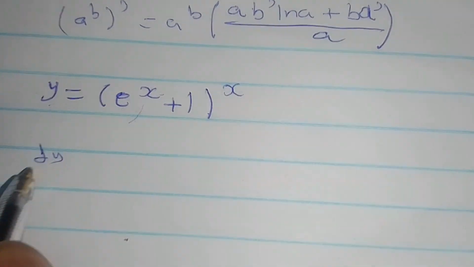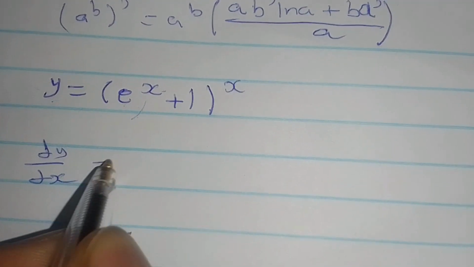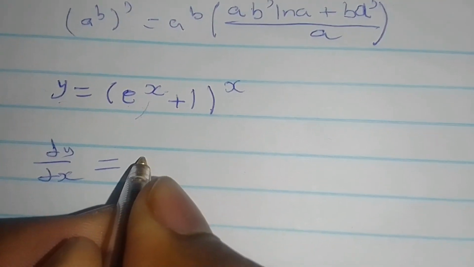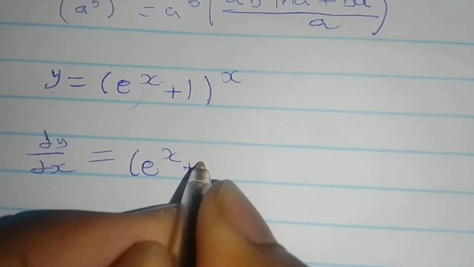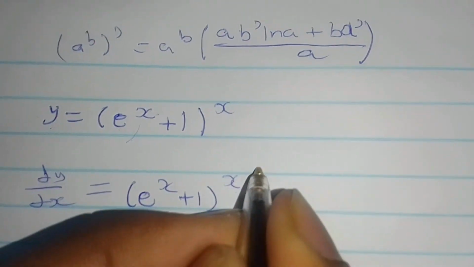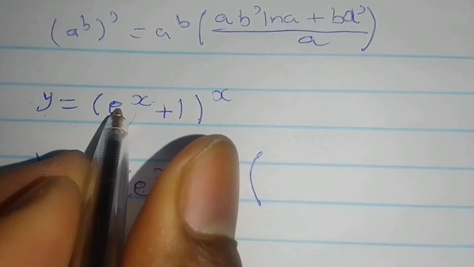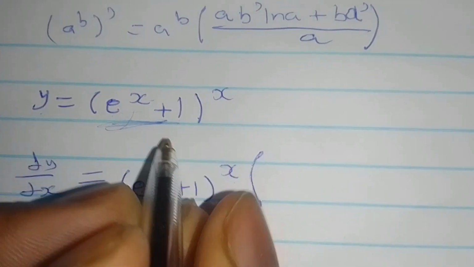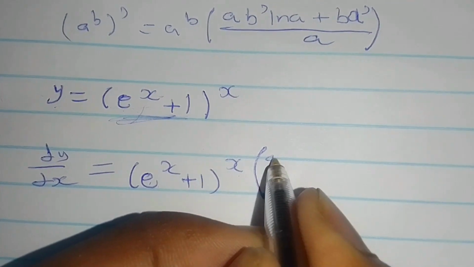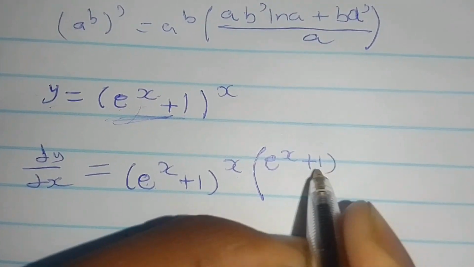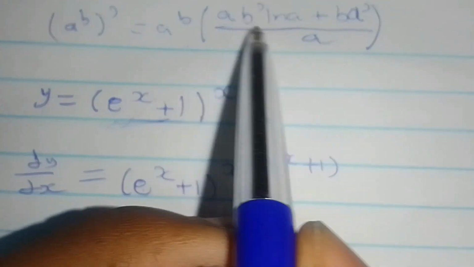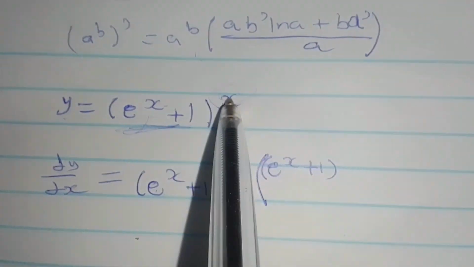Now, this means that dy over dx, this is the same as, you just copy it as it is, e to the x plus 1 to the power of x. Now, you multiply by a, by the way a is the base function, which is e to the power of x plus 1, multiply by the derivative of what's at top. The derivative of x is 1.